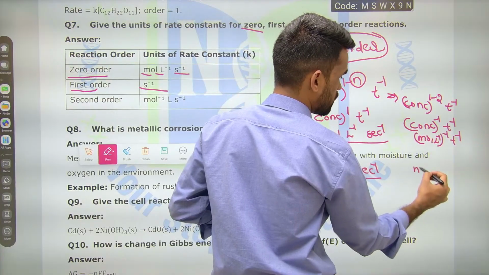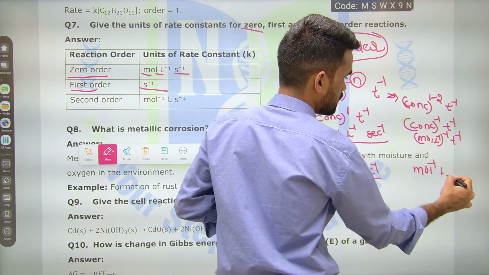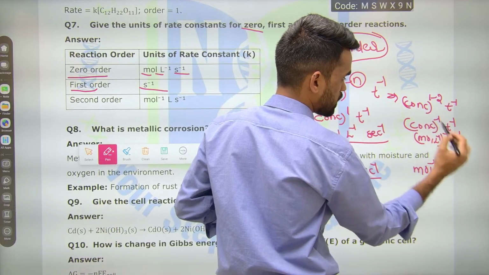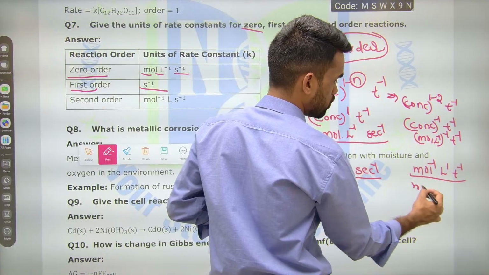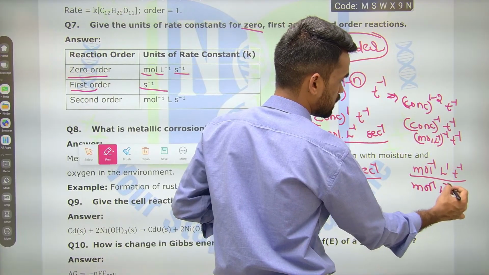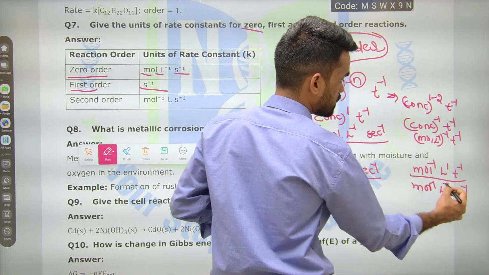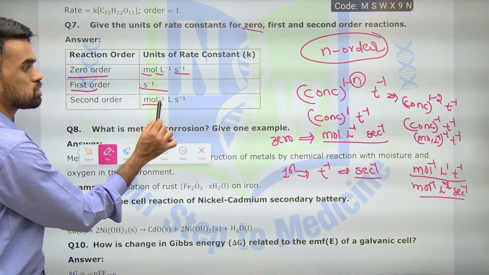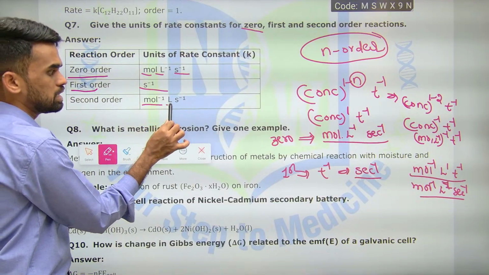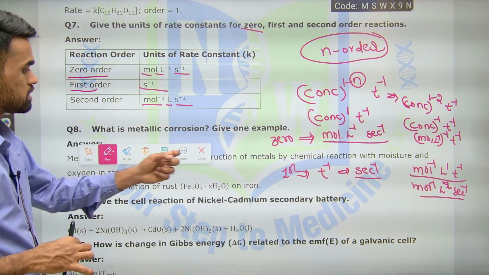So mole to the power minus 1, liter to the power minus 1 becomes plus 1, and time inverse. So we have mole inverse, liter, second inverse. These are the units for second order.